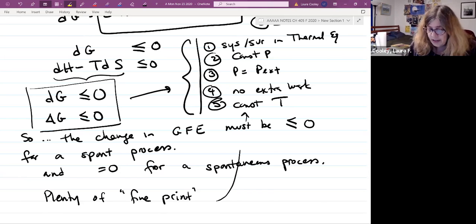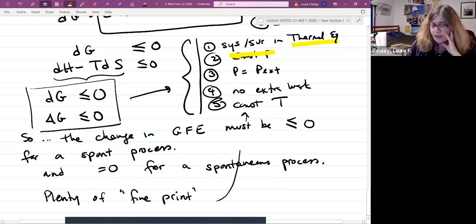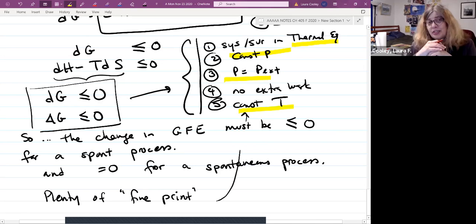So if we care about the difference in Gibbs free energy before and after a reaction, or changes during part of a reaction, we don't have to have thermal equilibrium the whole time. We don't have constant pressure or constant temperature the whole time.